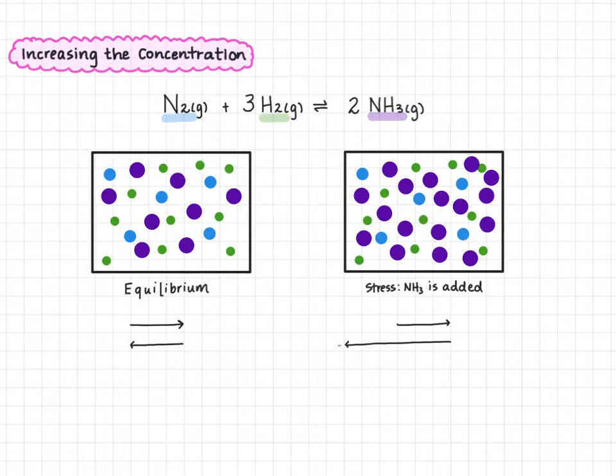First, we're going to be producing our reactants, N2 and H2, at a higher rate than they can be consumed. When we do this, we're going to be increasing the concentration of those species. So we're going to increase the concentration of both of our reactants. On the flip side, we're going to be consuming NH3 at a much faster rate than it can be produced.